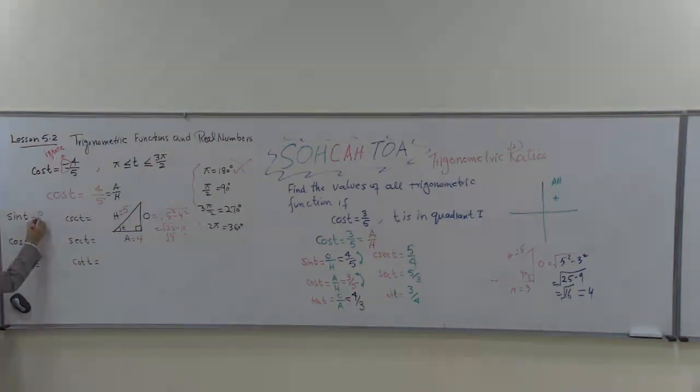Sine is opposite over hypotenuse. Okay, fine. I know it. That's good.